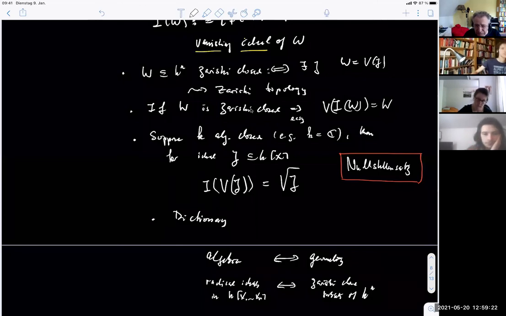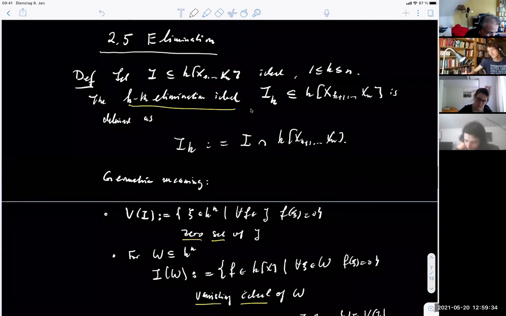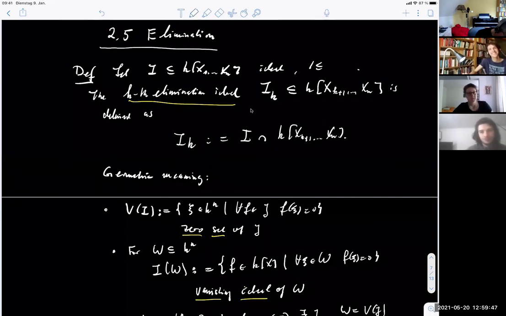Maybe can you use another notation for the elimination ideal? Yes, because I find it really confusing that the K is the field and also. My God, for God's sake, how can I do this? So what is a good letter?